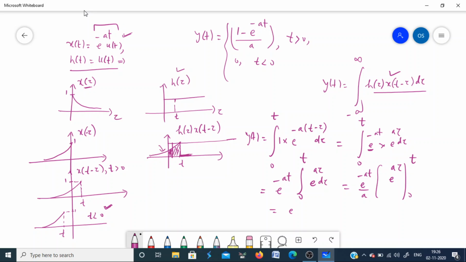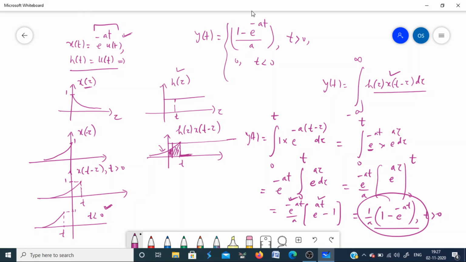So it will become e raised to power minus at upon a, upper limit e raised to power at minus lower limit. If you multiply e raised to power minus at with this, you will get 1 by a, e raised to power minus at into e raised to power at. It will become 1 by a times (1 minus e raised to power minus at) for t greater than 0.